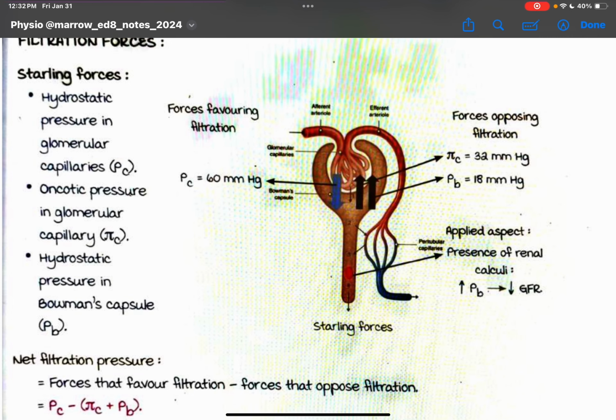The force favoring filtration is the hydrostatic pressure in glomerular capillaries. The forces opposing filtration are the oncotic pressure in glomerular capillaries and the hydrostatic pressure in Bowman's capsule.